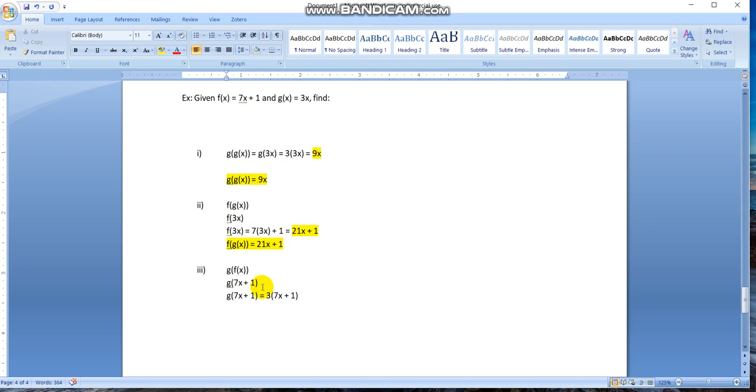To simplify this further, we can distribute the 3. This is g of 7x plus 1 equals 21x plus 3. So our final result is g of f of x equals 21x plus 3. And that is basically it.